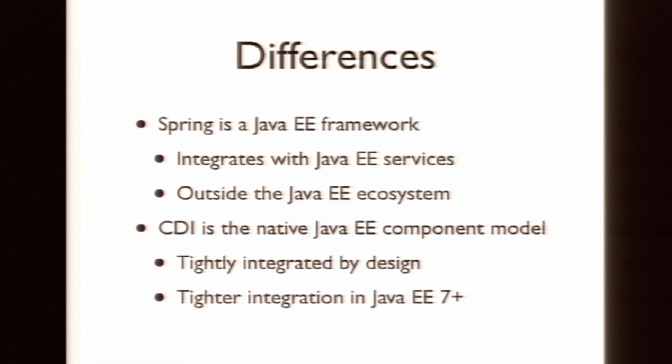Of course, the differences are more about the relationship between Spring and Java EE. Spring is something that lives on top of Java EE services. CDI is the native Java EE component model. It's tightly integrated by design, and it will become tighter as the Java EE specification moves forward.